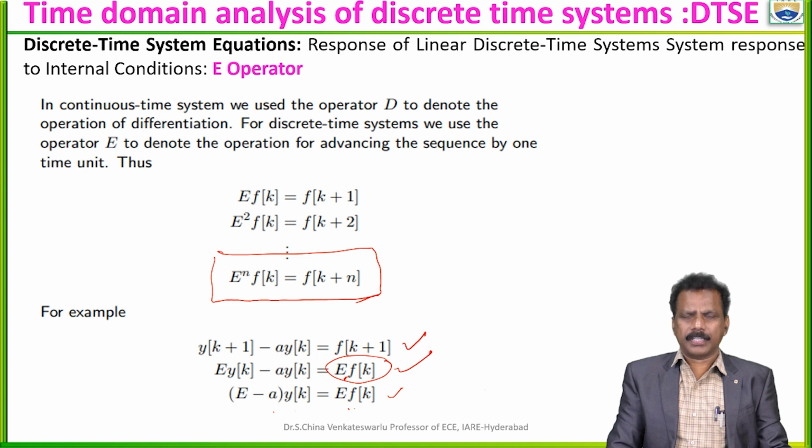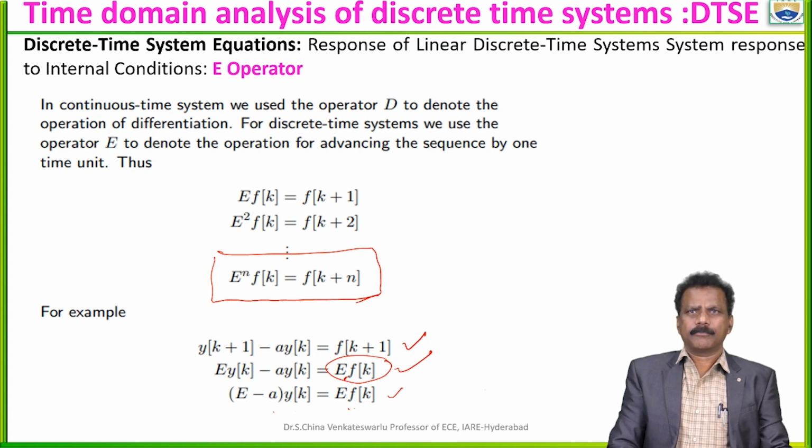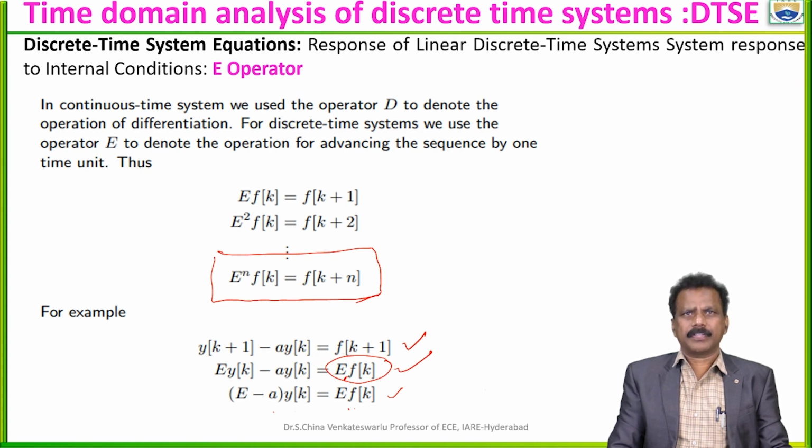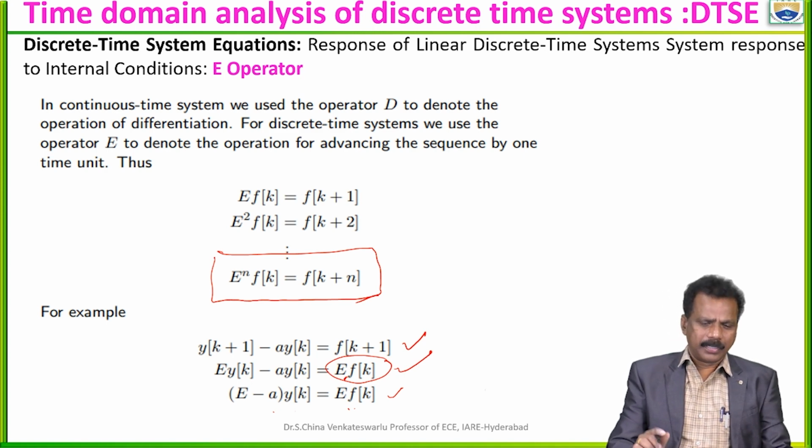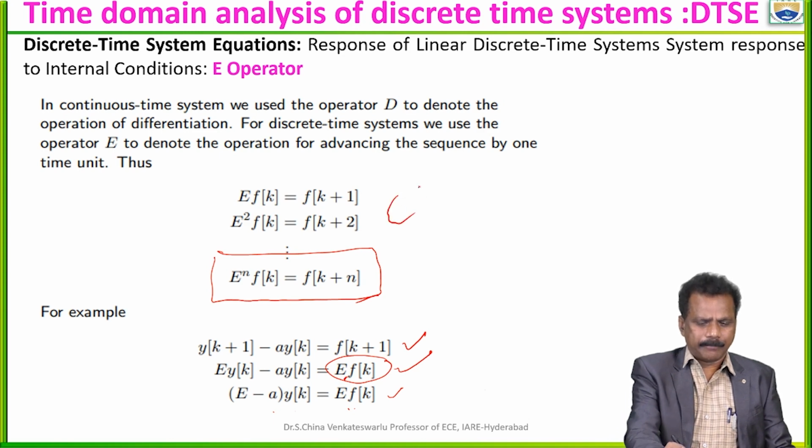By using these mathematical equations, we can easily verify the response of a linear discrete time system, and how the system response varies with internal conditions. With reference to the CTS, the continuous time system, we use the operator D for differentiation, and for the DTS system we can easily analyze the continuous time system and the discrete time system.